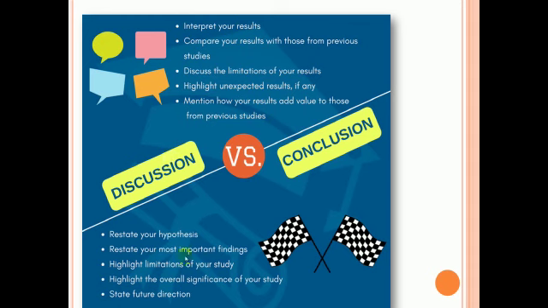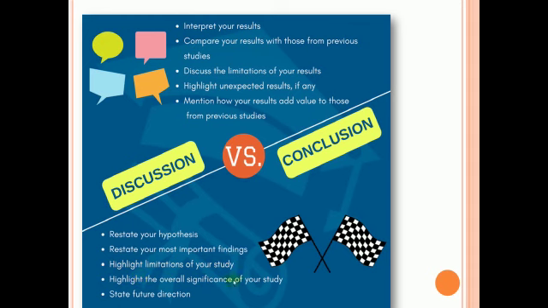As for the conclusion, it is in the second part of this slide, related to the conclusion section. Restate your hypothesis. So here we have to contact with my hypothesis. Restate your most important findings. Highlight limitations of your study.